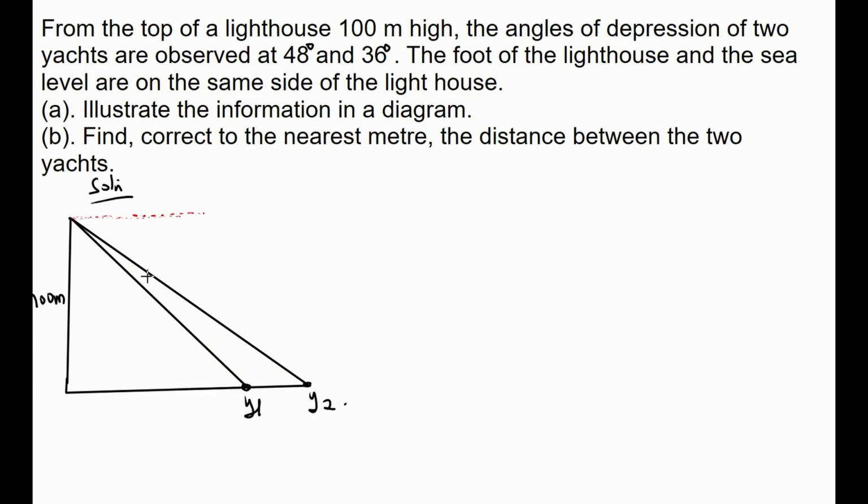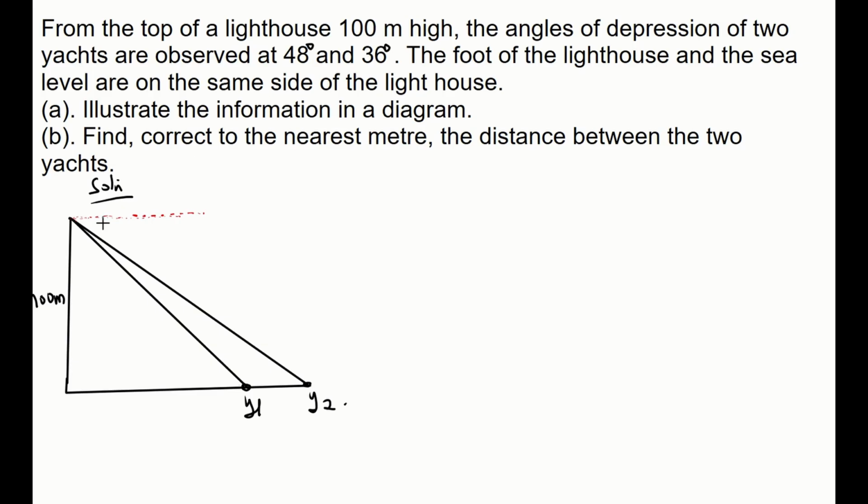Then we see that the angle at 48 degrees is from the horizontal line meeting one of the lines here. We identify that it is 48 degrees and 36 degrees.